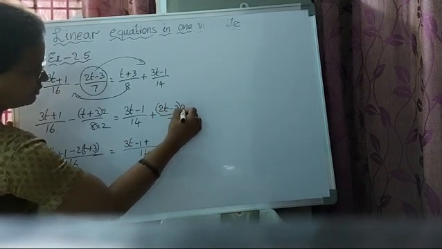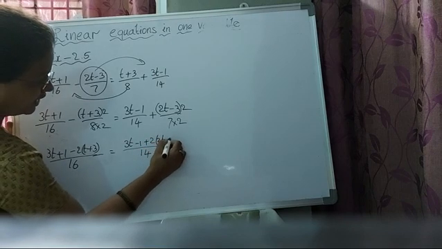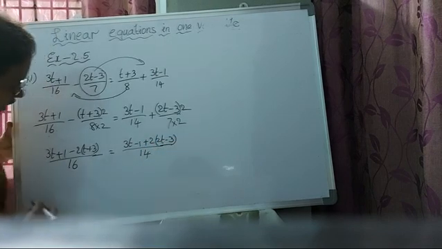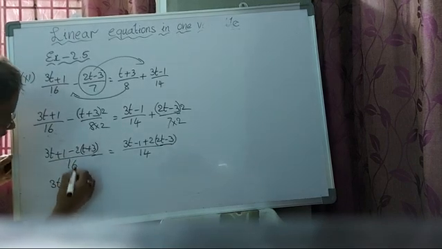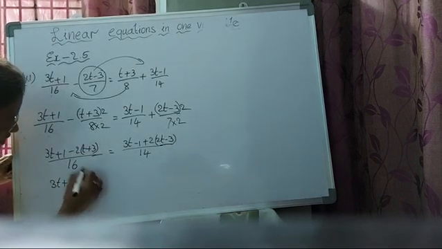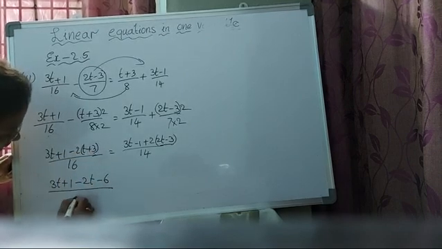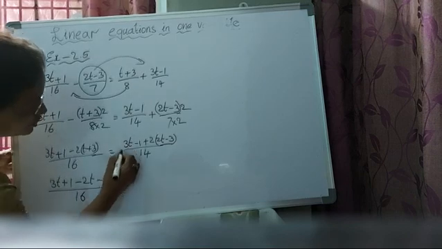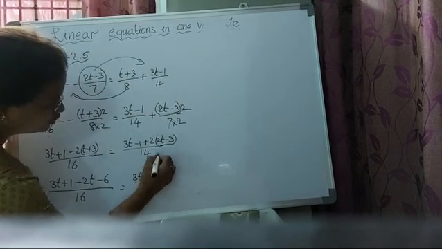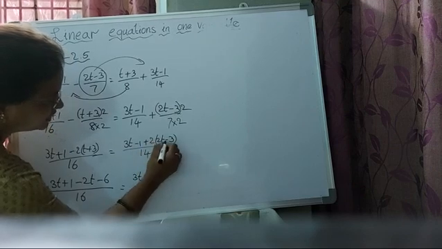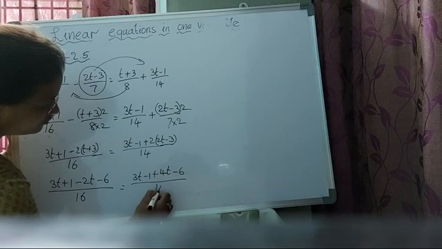Here also you have to multiply with 2, 2 into (2t minus 3). Okay, now multiply: 3t plus 1 minus 2 into t, 2t. Minus into plus minus, 2 threes are 6, by 16 is equal to 3t minus 1 plus 2 twos are 4t, plus into minus minus, 2 threes are 6, by 14.